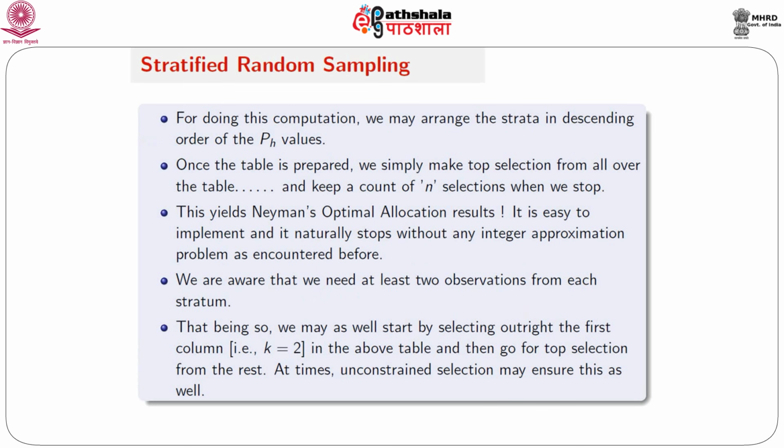For doing this computation, we may arrange the strata in descending order of the pH values. That is what we did. I said without any loss, let the strata be so labeled that the pH values are in descending order. That is what we are doing, and we are preparing this table, and once the table is prepared, we simply make top selection from all over the table and keep a count of small n selections when we stop.